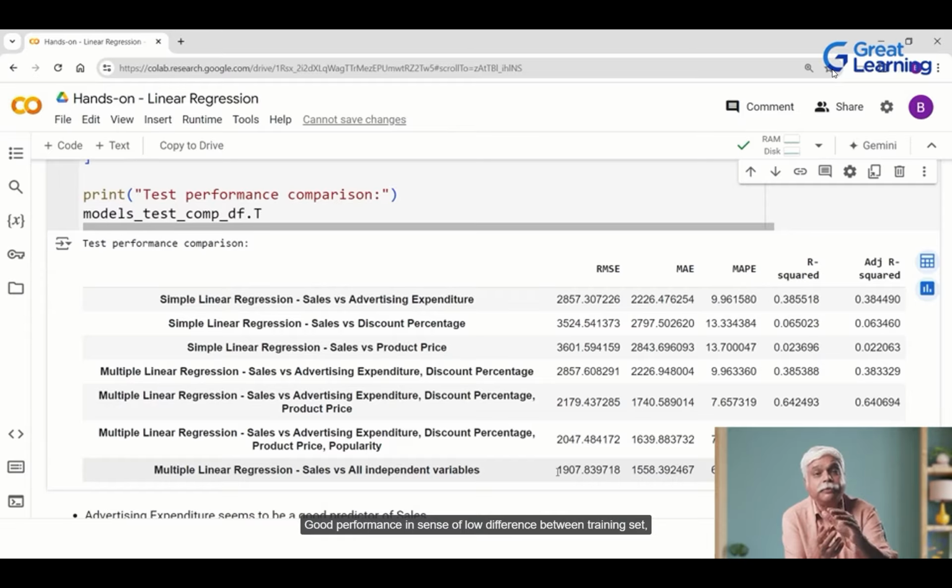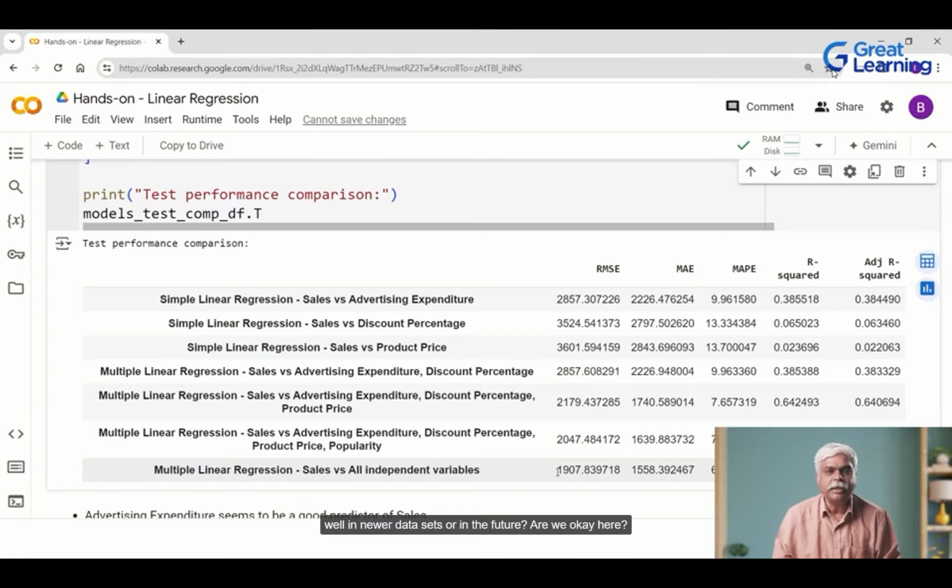Low difference between training set and test set means the model is generalizing well. So it can stay alive in the field, provided nothing substantially changes in your business environment. It can stay alive longer. Both of these things are very important in machine learning. Is the model good? And does the model work well in newer data sets or in the future?